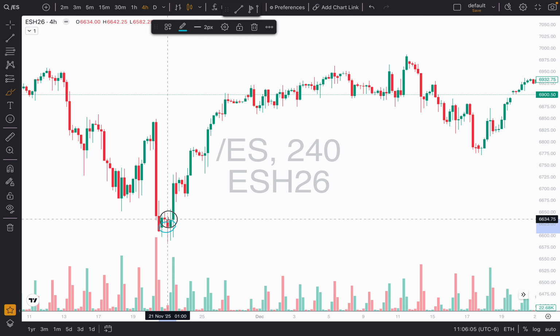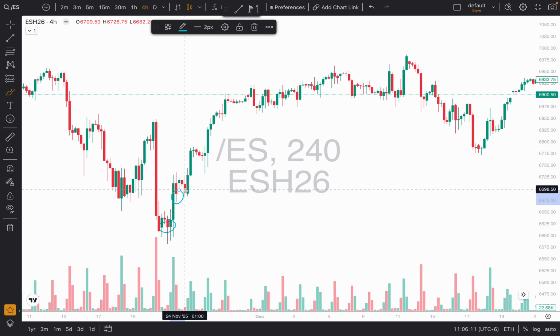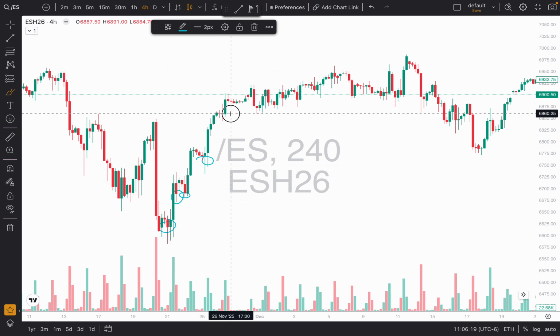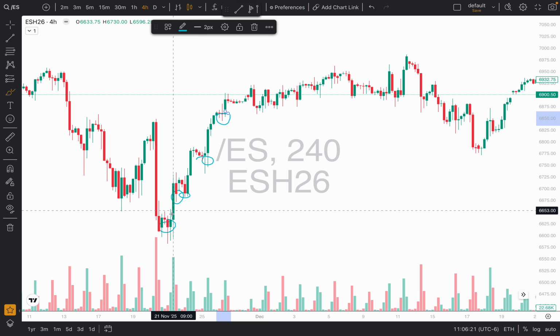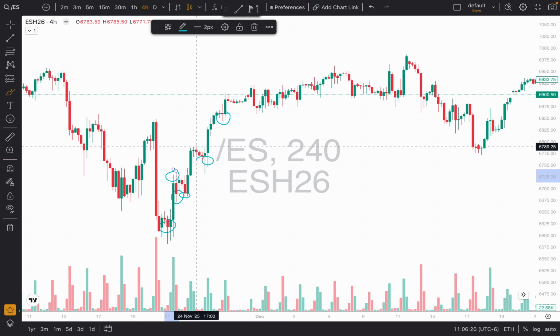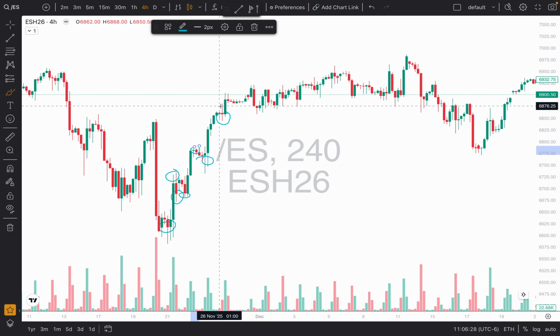We have these lows. Then we have another low. And this actually failed, but this is a low. And then we have another low. And then another low. And not only do we have these lows, but we have a high. Another high. And another high, and another high.